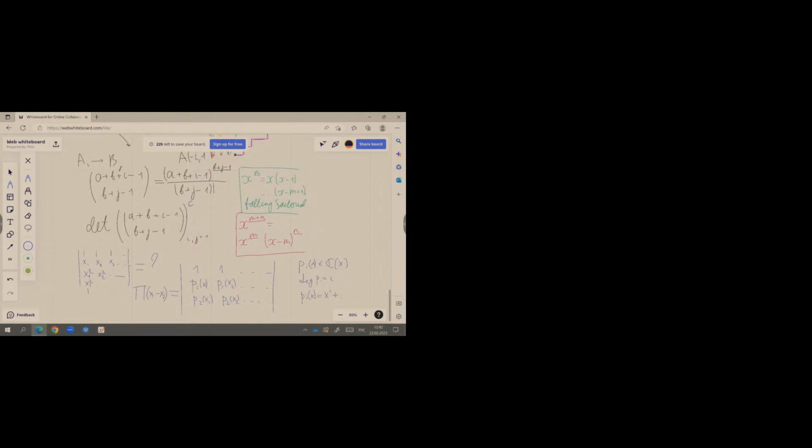How many ones are there? How many of the differences are equal to one? Three minus one.